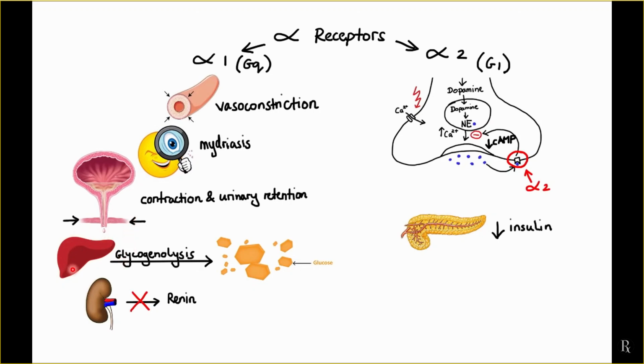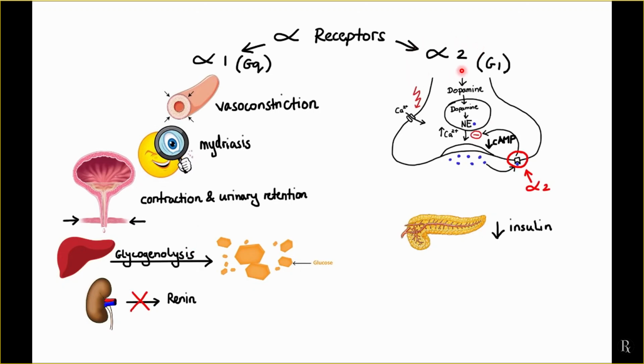In the liver, it stimulates glycogenolysis, which will produce glucose from glycogen stored in the liver, and then in the kidneys it will reduce secretion of renin.